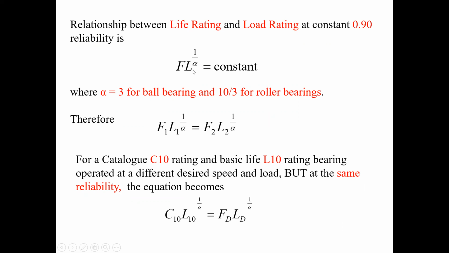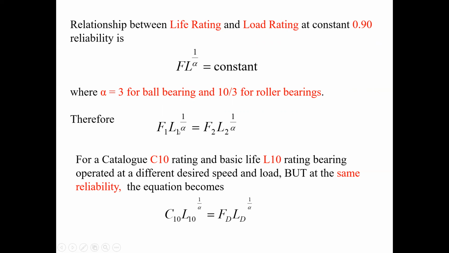This 1 over alpha, the alpha is a constant. For a ball bearing, alpha equals 3, roller bearing is 10 over 3. So they will put one side here, and another side there.